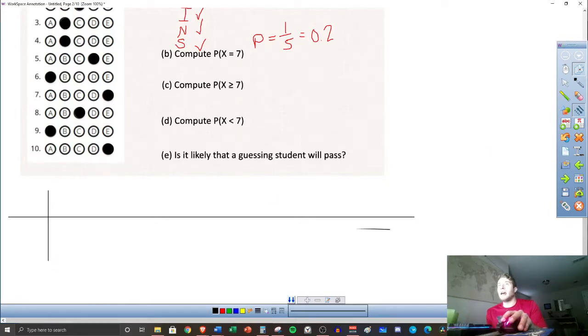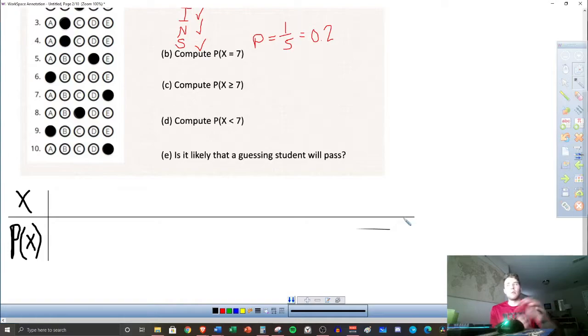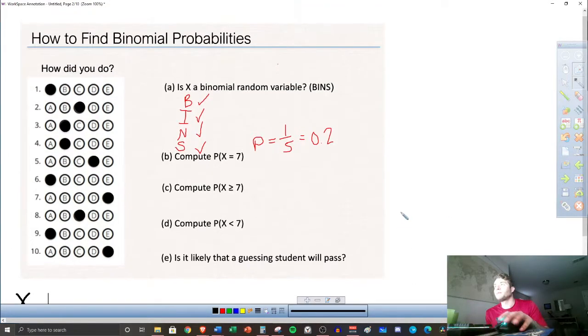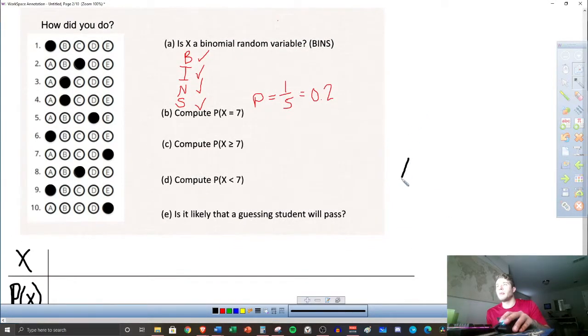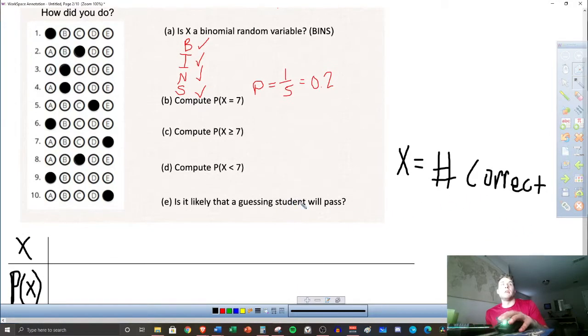So we have X is the number of correct guesses, and we're trying to get that to be 7 or more so we can pass, right? So we're going to go ahead and define our variable X equals number correct.